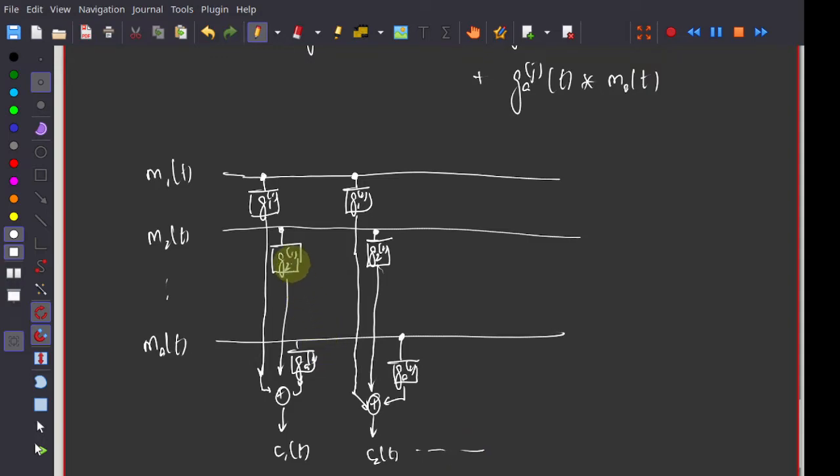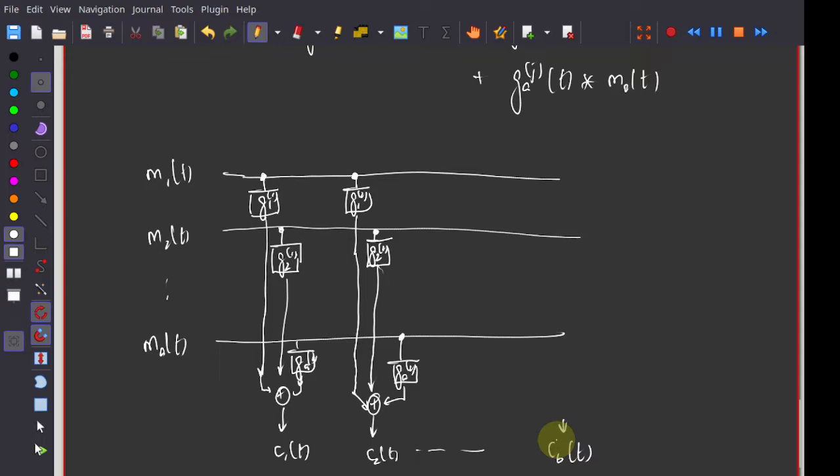Right, so there are a total of A input streams, a total of A times B filters, and a total of B output streams. But one thing to keep at the back of your mind is that all of these operations are not done over the reals.